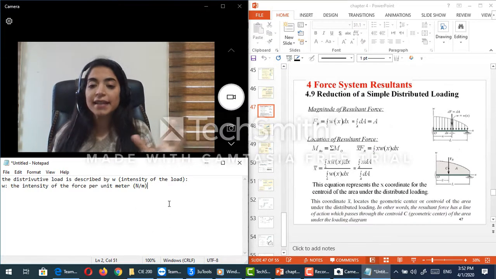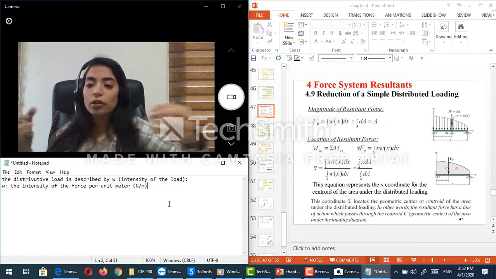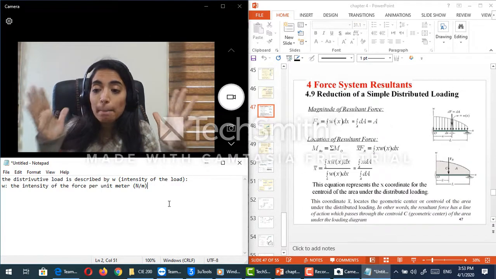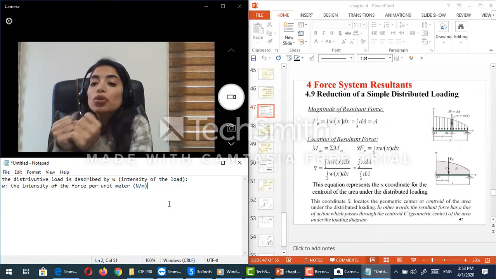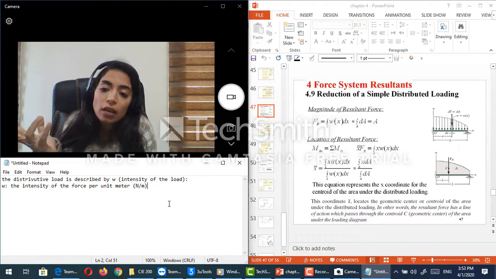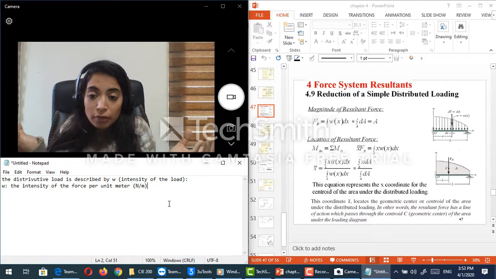Let's take the example of the bridge where I have several cars. I know, guys, that this bridge here is subjected to a certain load. I can say that this load is basically 800 kilograms per meter, for example.